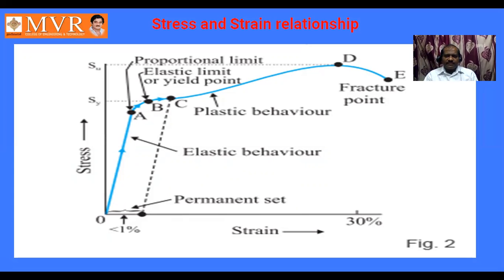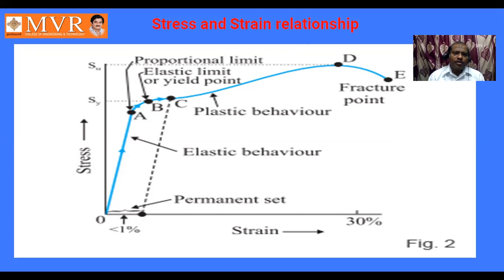Within the elastic limit, stress is directly proportional to strain. What is stress? Force by area. We apply the load and strain takes place. Beyond B, if you apply the load, the material loses its nature, loses its character to some extent. It will change its position and its orientation. Then that is called the yielding point.